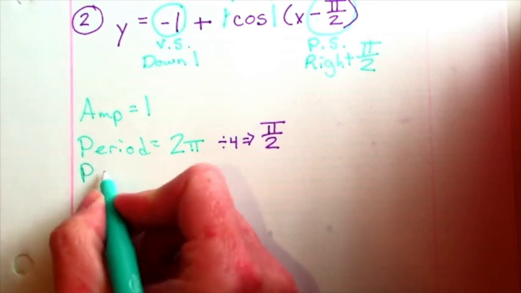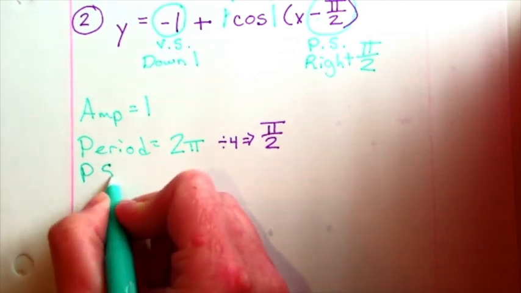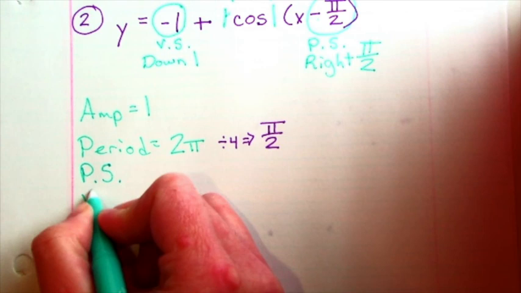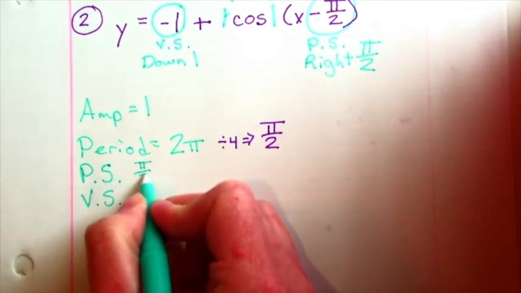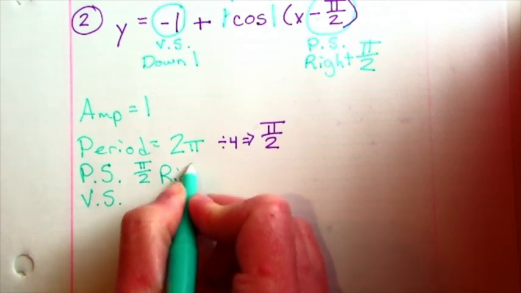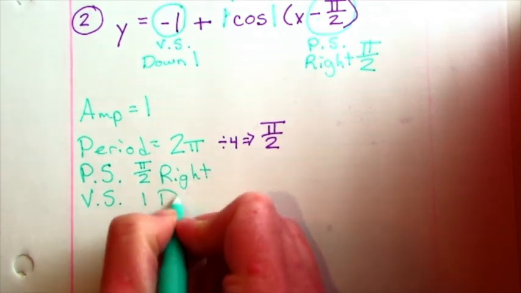And just to reiterate, we have a phase shift and a vertical shift. We're going to be moving pi over 2 to the right and 1 down.